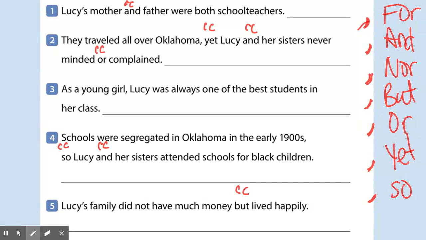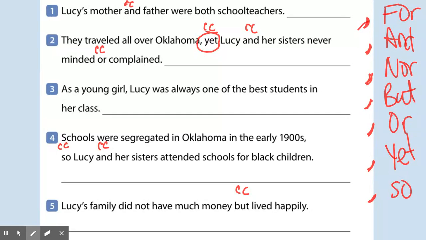Now that I've done that, my next step is to go look for these commas. And if I see a comma with a coordinating conjunction, I'm going to circle the comma and the conjunction together. So back at number 1, there is no comma, so I'm going to leave that one alone. Number 2, there is a comma with that one, but not with and or. Number 3, there was no comma.